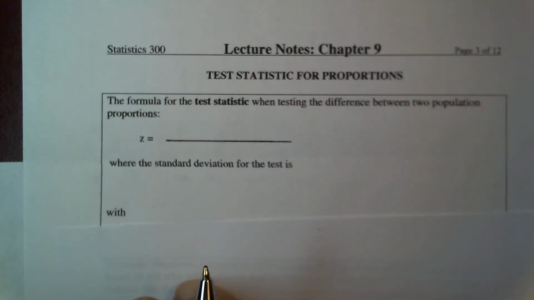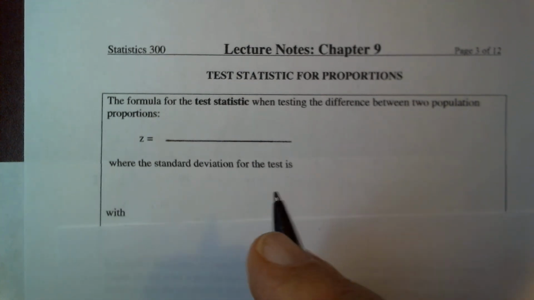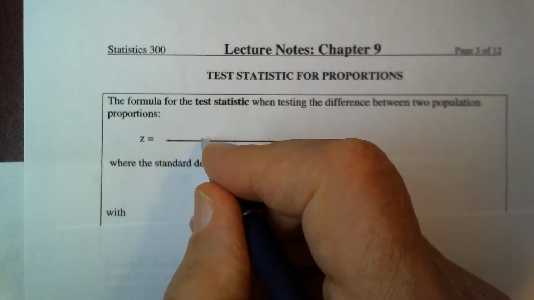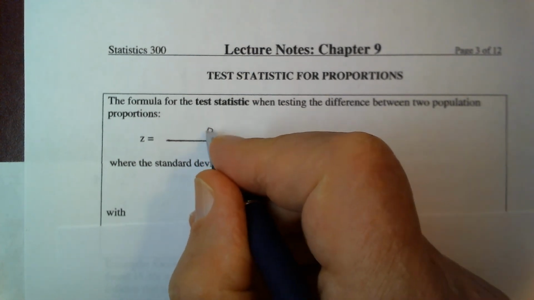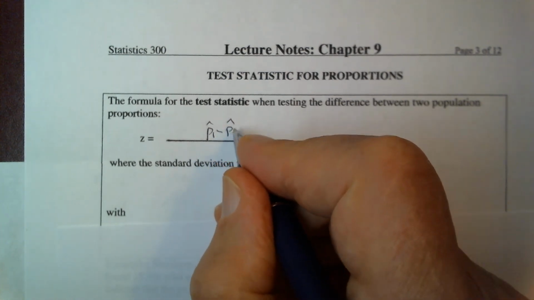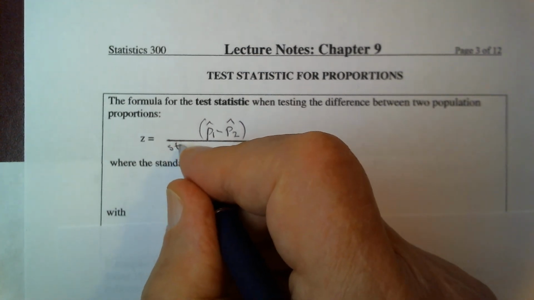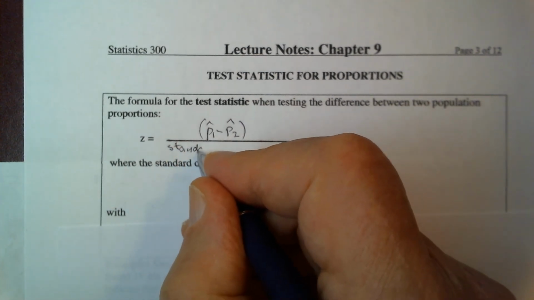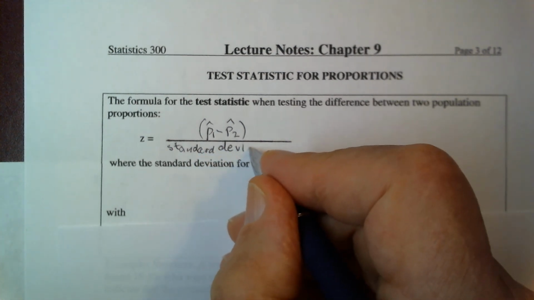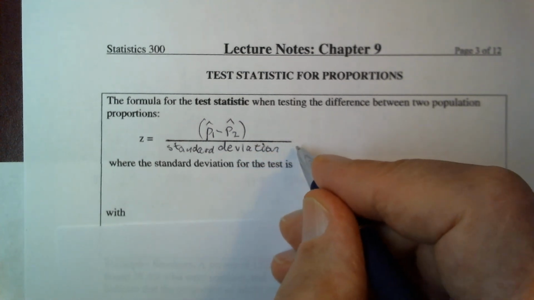So the formula for the test statistic when testing the difference between two population proportions is Z equal to P1 hat minus P2 hat, divided by the standard deviation for the test.